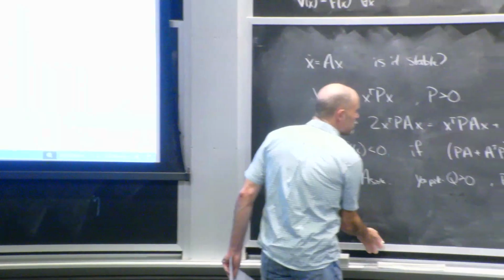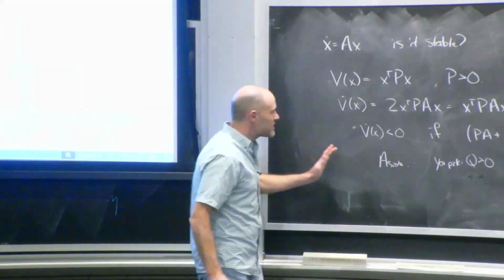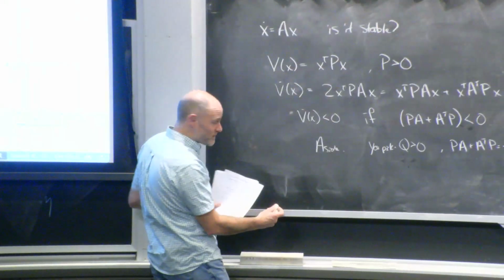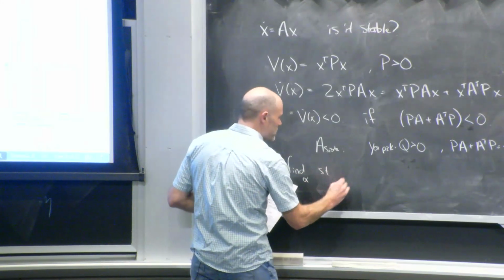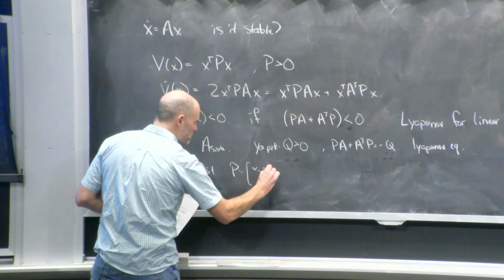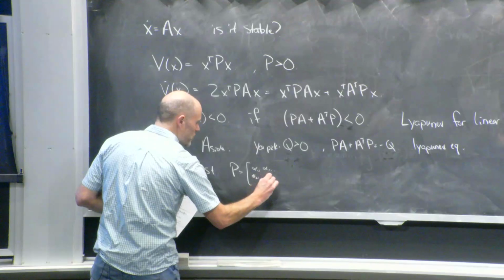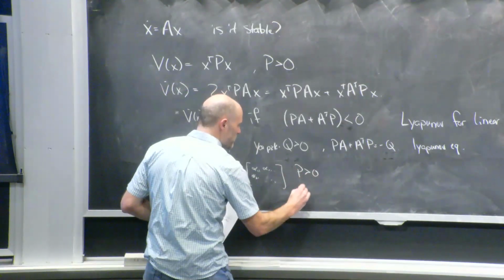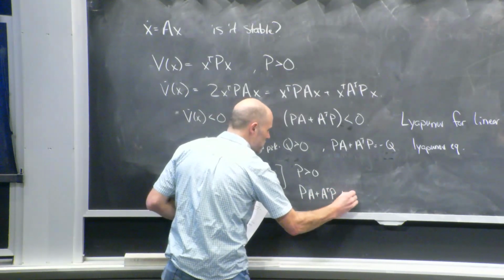Okay. So now this is interesting, right? Now I can write a semi-definite program: find me some alpha such that P, which is parameterized by alpha, with entries alpha 1, alpha 2, alpha 2, alpha 1, is such that P is greater than 0, and PA plus A transpose P is less than 0.